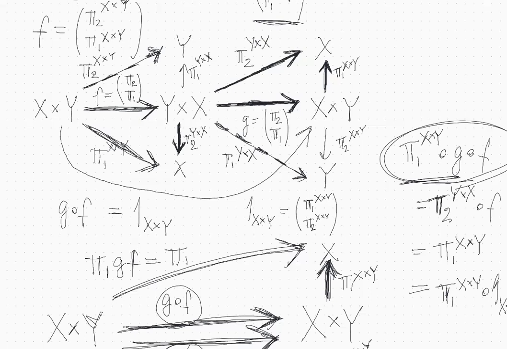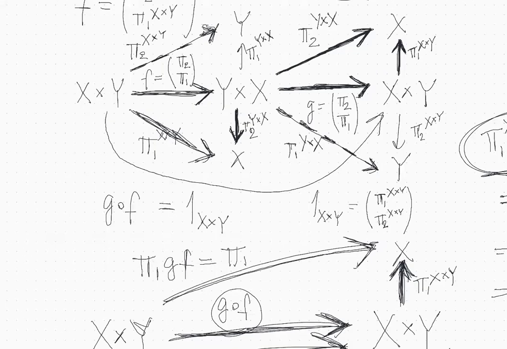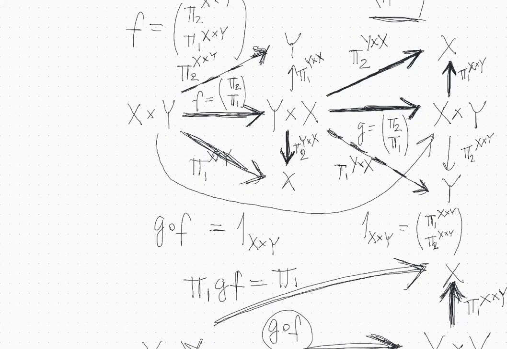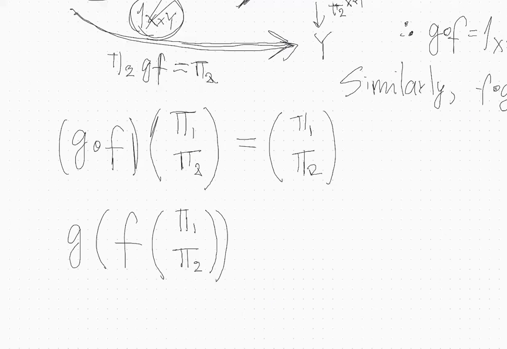Yeah, actually, you're right, because, okay, first things first. Let's keep track of which pi1 this is. So this is x cross y pi1, because f goes out from x cross y.